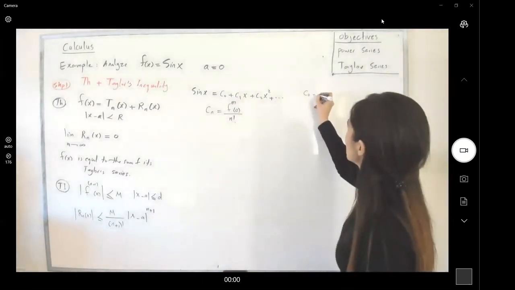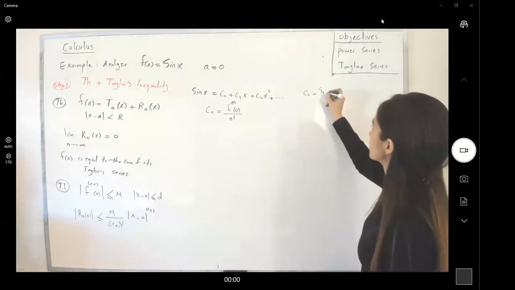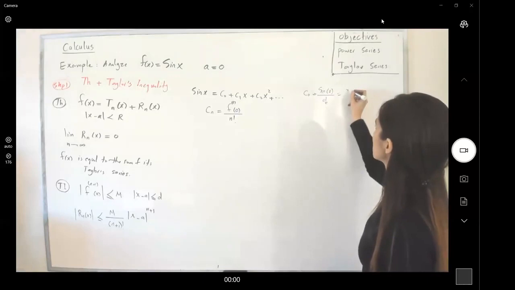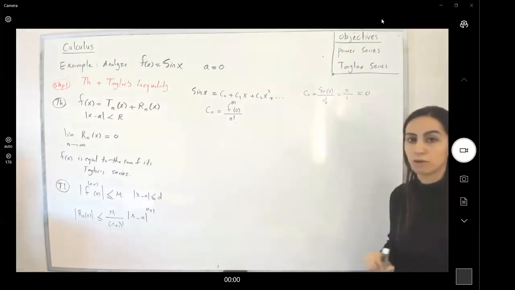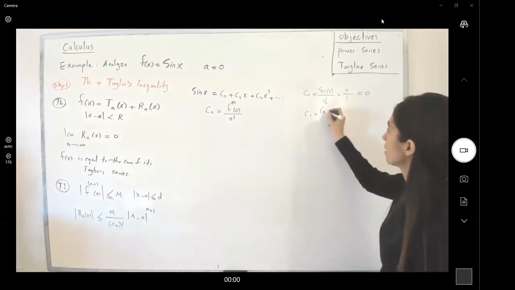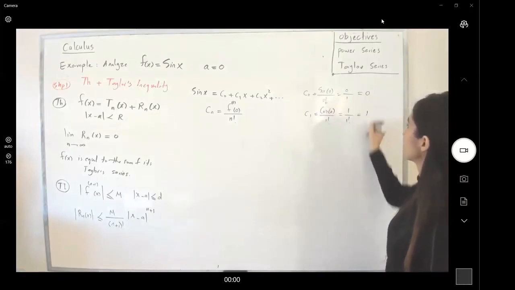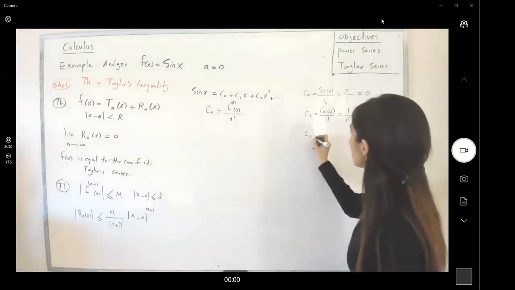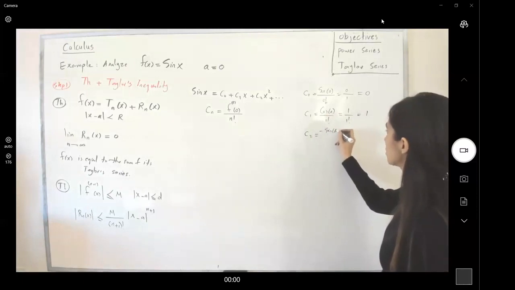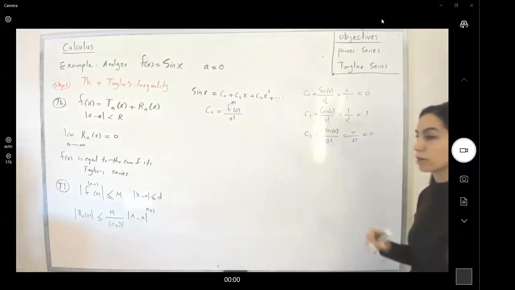C sub 0 is equal to the zeroth derivative of sine, which is sine of 0 divided by 0 factorial. This gives you 0 over 1, or 0. C sub 1 is the derivative of sine, which is cosine at 0 divided by 1 factorial, 1 over 1 factorial, which is 1. C sub 2 is the derivative of cosine, which is negative sine. You have minus sine of 0 divided by 2 factorial, which is 0 divided by 2 factorial, or 0.